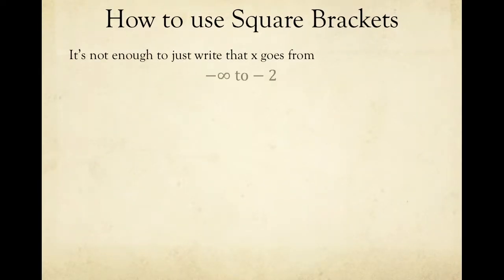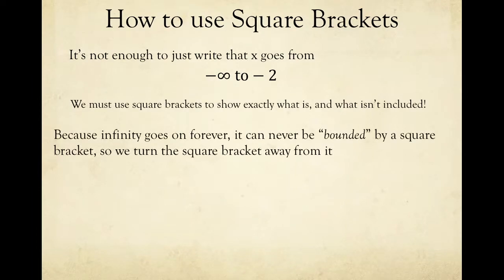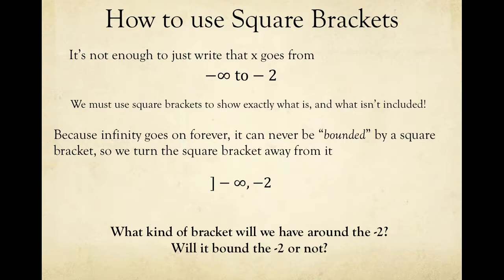It's not just enough to write that x goes from negative infinity to negative 2. We have to use square brackets to show exactly what is and what isn't included. Because infinity goes on forever, it can never be bounded or hugged by a square bracket, so we turn the square bracket away from it. What do you think we'll have around the negative 2?